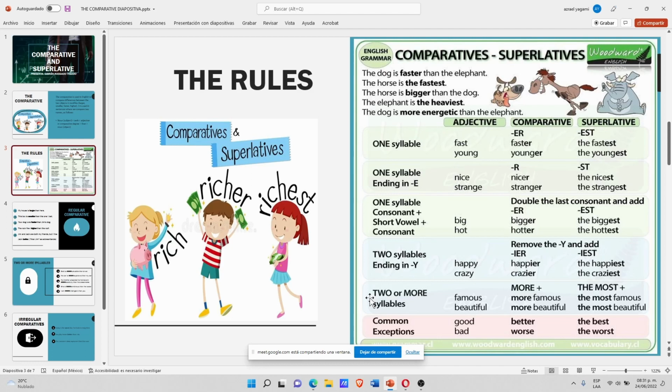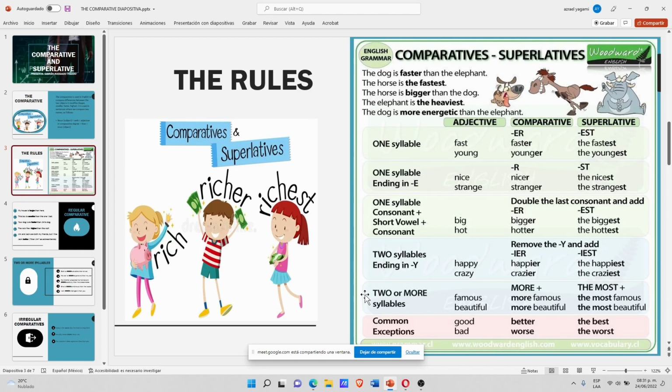When we use one syllable that ends in consonant, vowel and consonant, for example big, we use er, but in the consonant, in this example G, we need to add another G. Big, bigger with double G. And the next example, hot, we use hotter, double T.